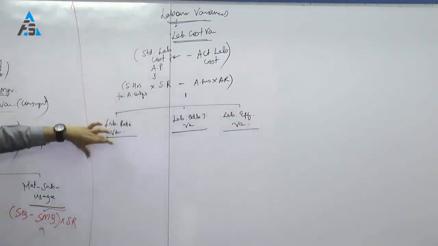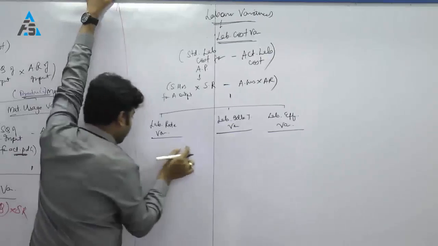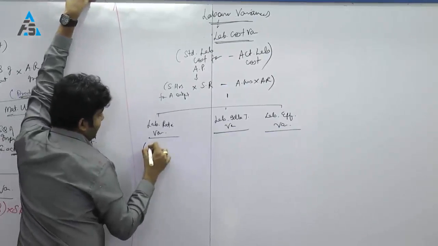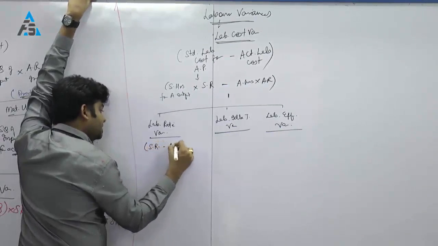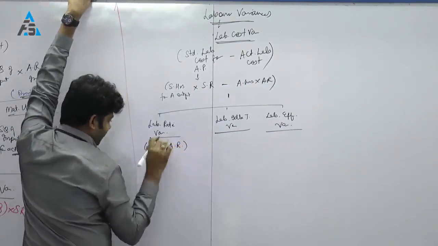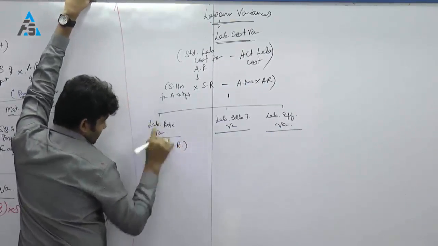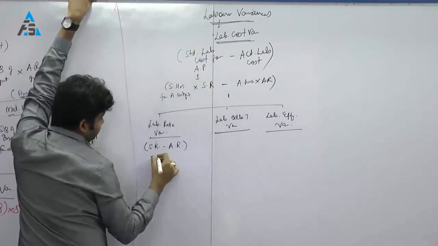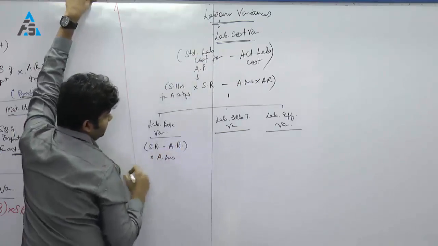Labor rate variance is on account of improper rate. So it is standard rate minus actual rate into actual hours.